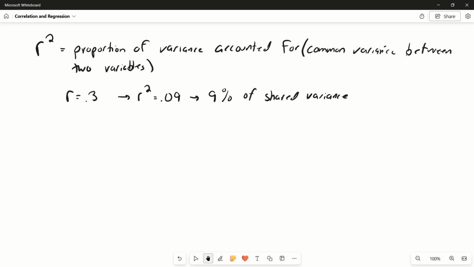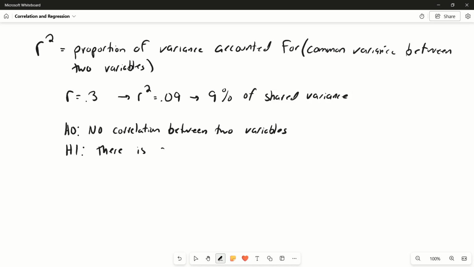Now, hypothesis testing for R. The null hypothesis is that there's no correlation between the two variables. And the alternative is that there is a correlation.